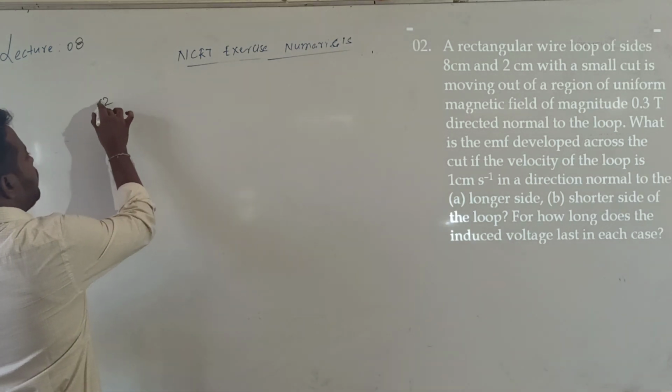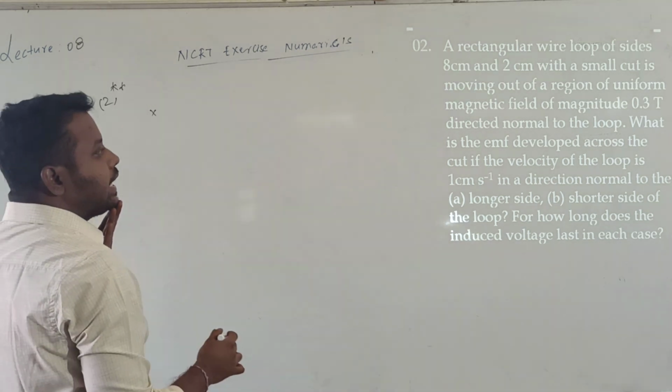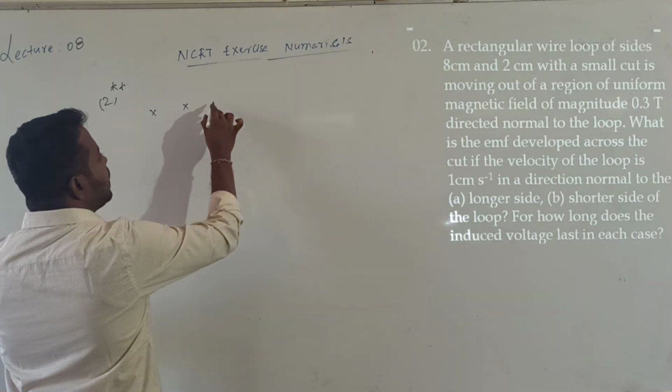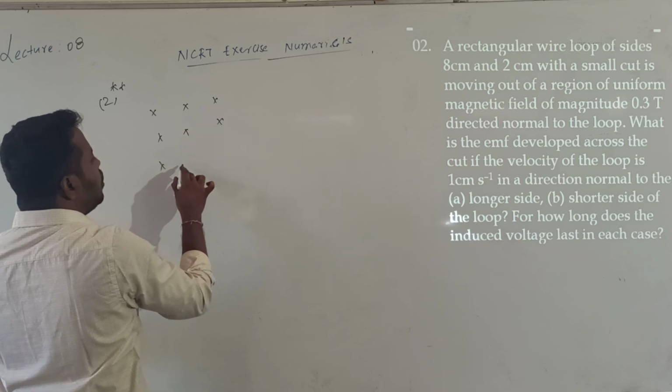So external uniform magnetic field, this is an important question. So the magnetic field is there. How is the magnetic field directed? Normal to the loop. So let me consider the magnetic field perpendicular to the plane and passing into the loop.